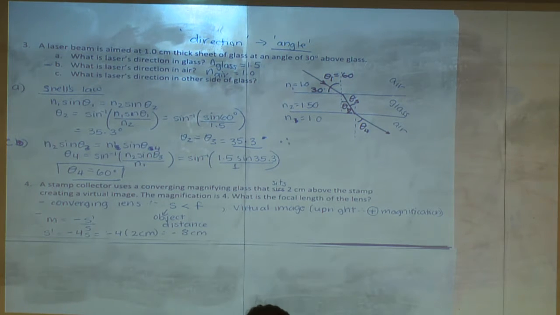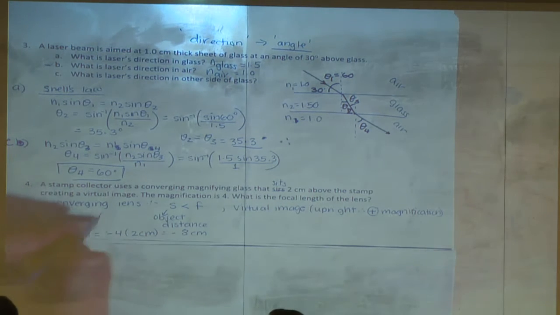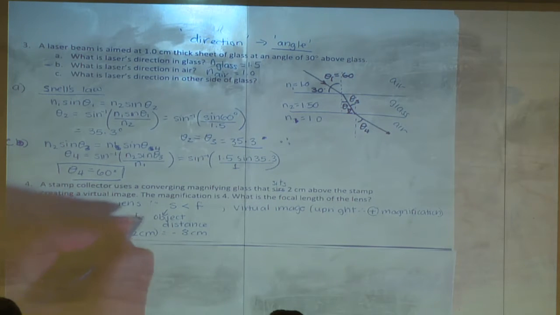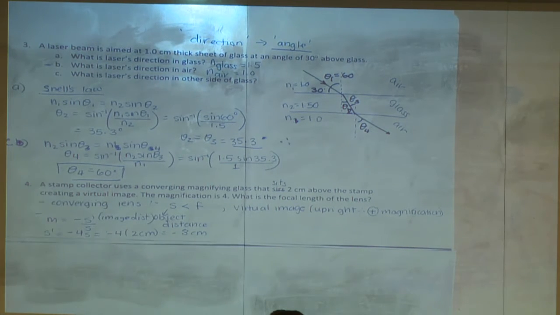Because a virtual image is behind the lens, not in front of the lens. So we're going to be using negative S prime. S prime is the image distance, right? And then S is the object distance.